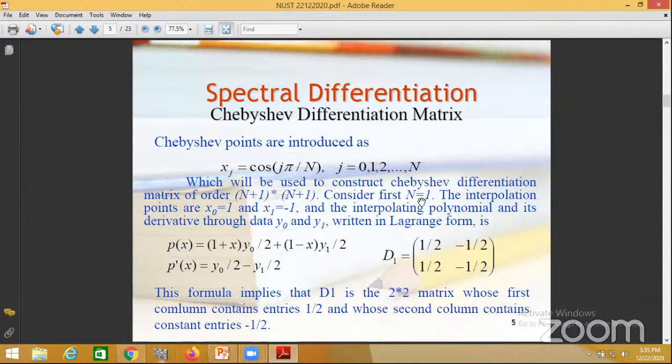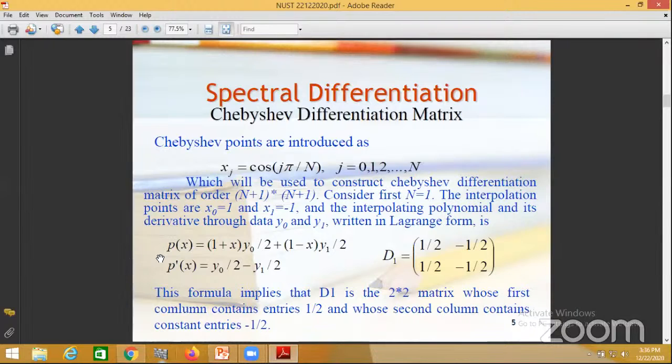Consider n equal to 1. The function is cos of j pi by n. For j equal to 0, you will get 1, and for j equal to n, you will get minus 1. It means x0 is equal to 1 and x1 is equal to minus 1. And the interpolation polynomial and its derivative through data y0 and y1 is written in Lagrange form.